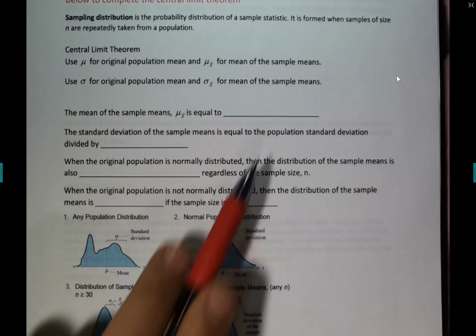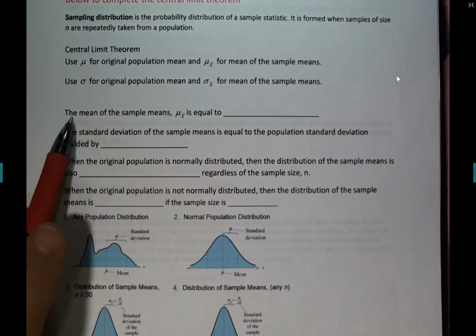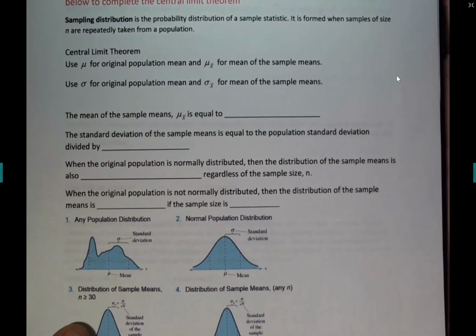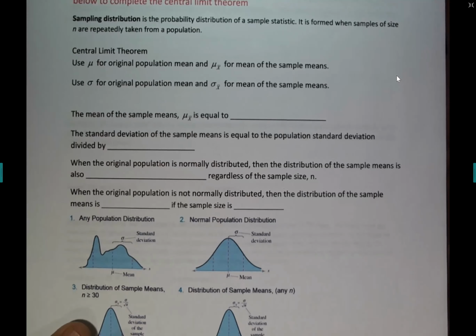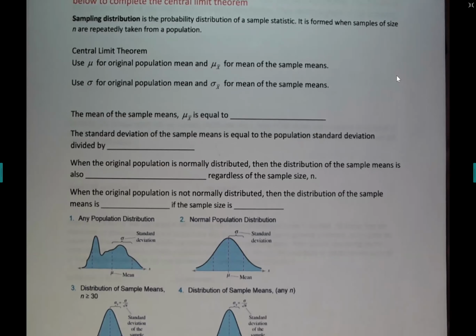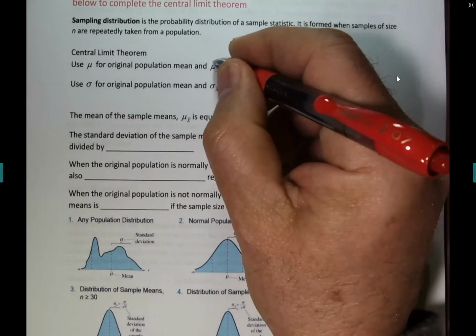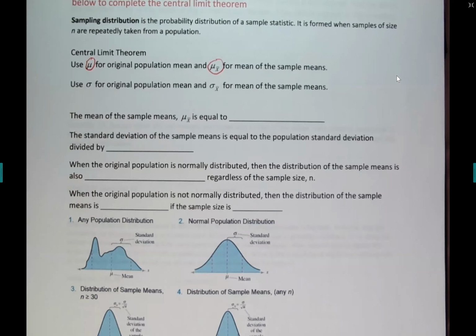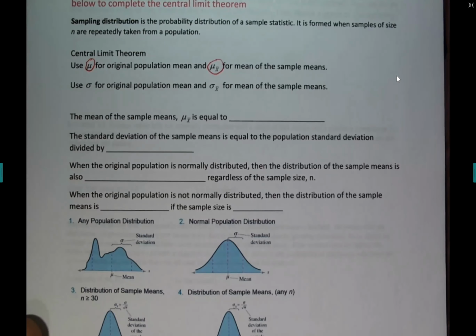So what is the first observation, guys? The mean of the sample means, mu of x bar, is equal to what? Who can tell me what's the first conclusion? That's the mean from the bottom graph, and that's the mean from the original graph. What did we notice? That both of them are what? They're the same. They're the same.